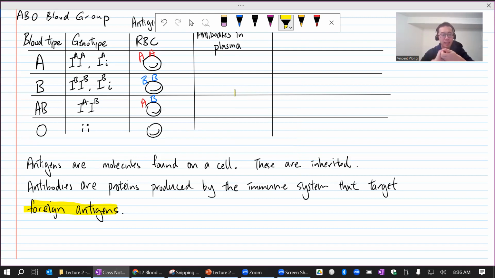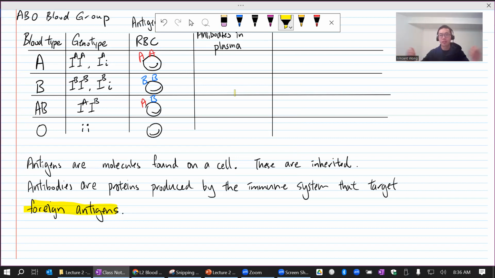Okay, unless you have an identical twin, and that's a different story. But your antigens are not necessarily the same as mine. Okay, that's why we cannot just take anybody's kidney and then transplant it into someone else, because the antigens will be different, and your immune system does not like foreign antigen.